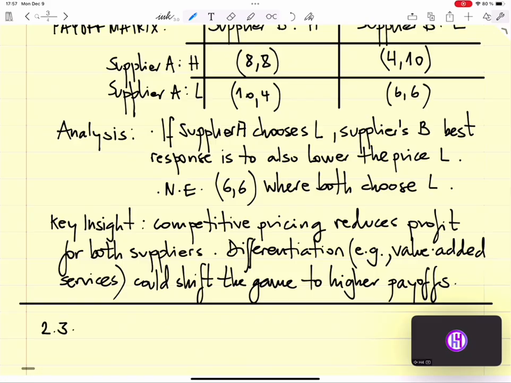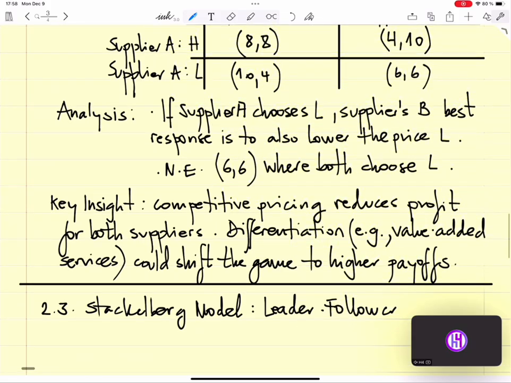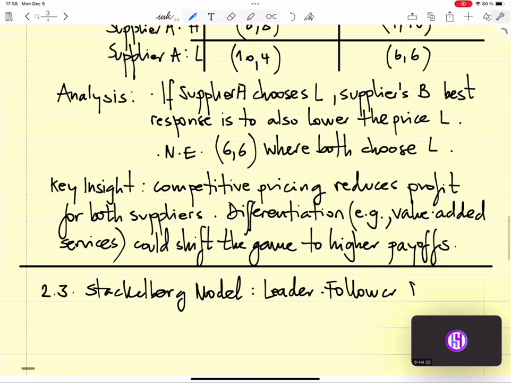Something called the Stackelberg model. So, which is called the leader-follower dynamics. Okay. This is again something very classical.